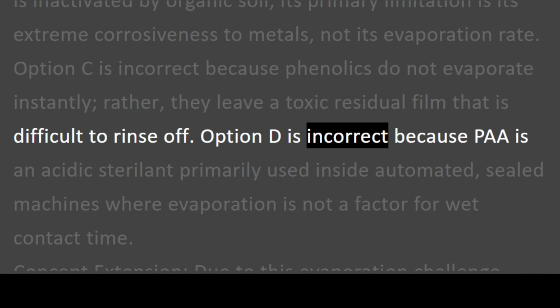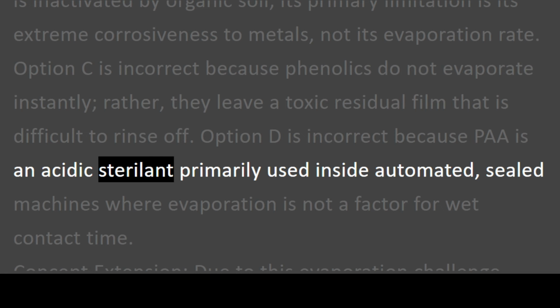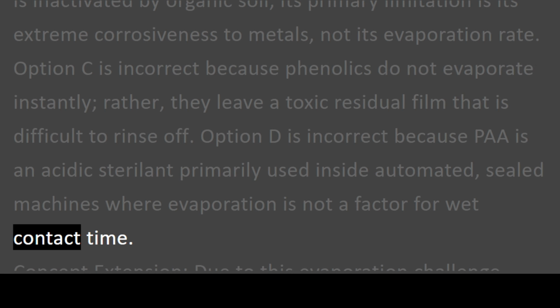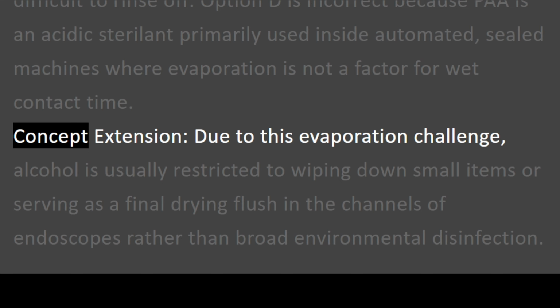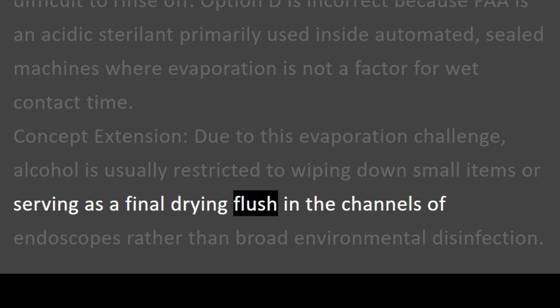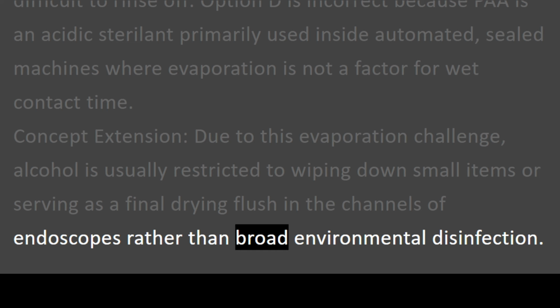Option D is incorrect because PAA is an acidic sterilant primarily used inside automated, sealed machines where evaporation is not a factor for wet contact time. Concept extension. Due to this evaporation challenge, alcohol is usually restricted to wiping down small items or serving as a final drying flush in the channels of endoscopes rather than broad environmental disinfection.